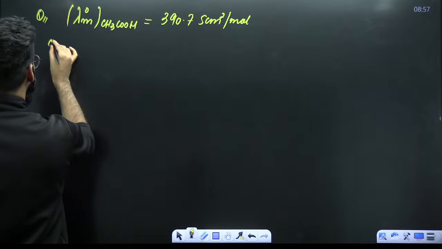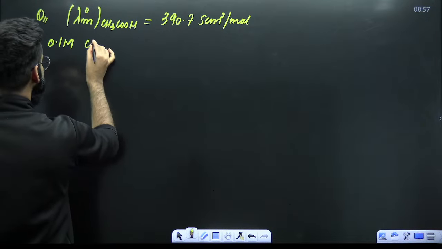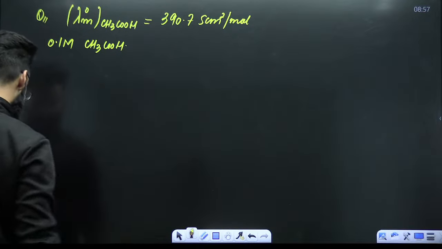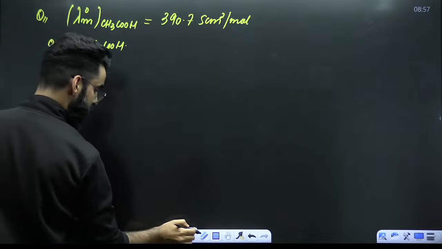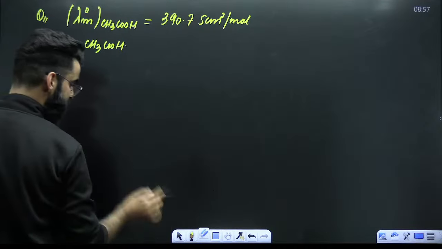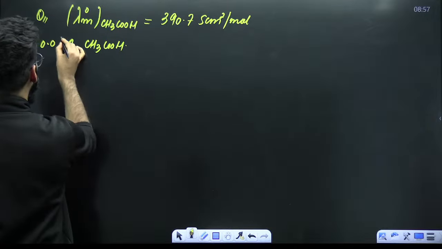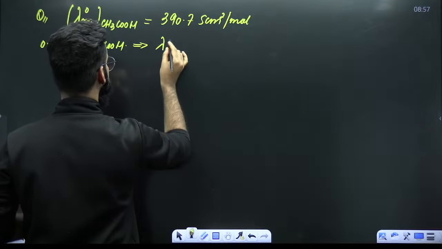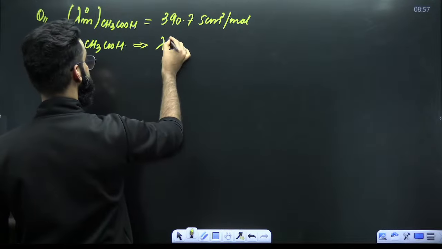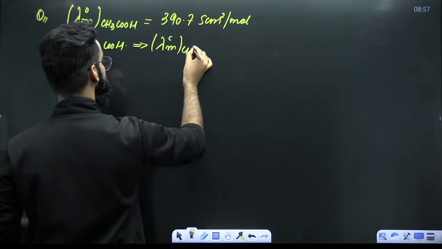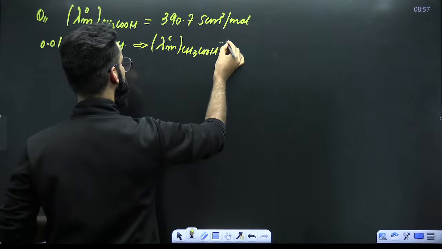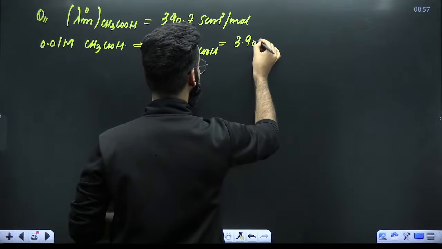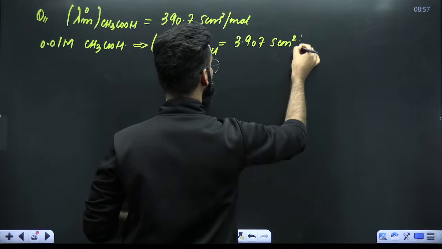At the same time, when the concentration of CH3COOH is kept 0.01 molar, its molar conductivity at that given concentration is given as 3.907 Siemens centimeter square per mole.